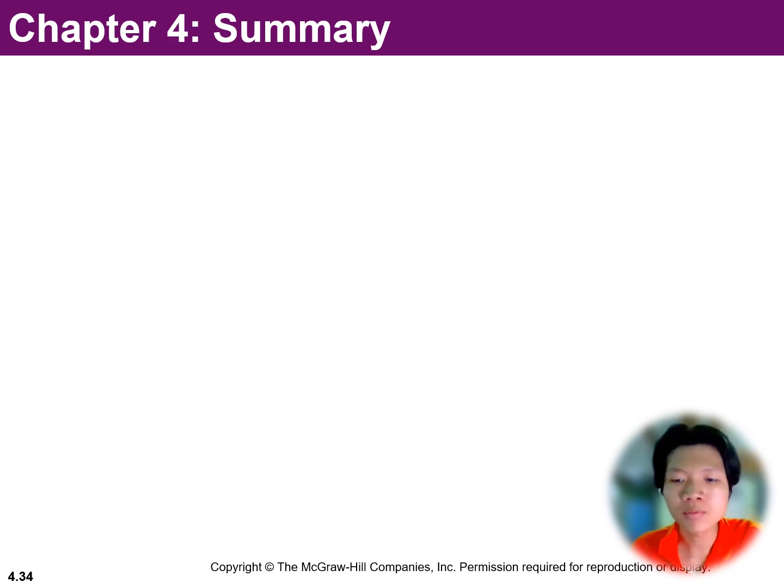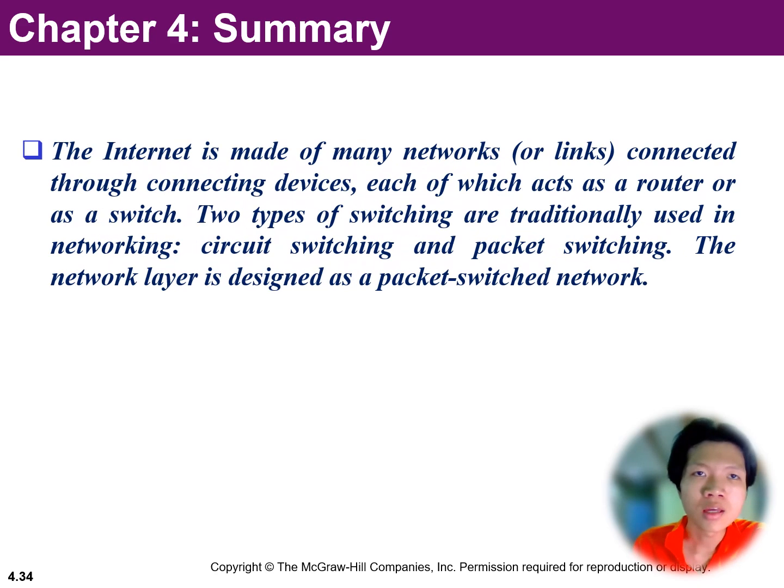This is the chapter 4, part 2 summary. The internet is made of many networks or links connected through connecting devices, each of which acts as a router or as a switch. Two types of switching are traditionally used in networking: circuit switching and packet switching. The network layer is designed as a packet-switched network.